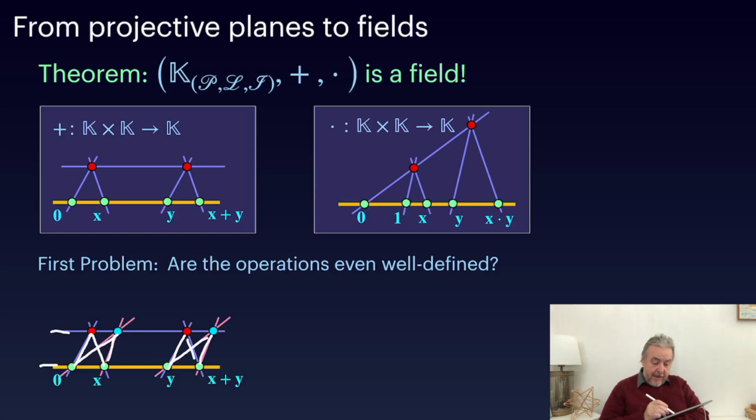So this line here has to be parallel to this one here, and ultimately this last incidence has to be satisfied automatically by the scissors theorem. So we can say, the choice of that point here really didn't matter. So did the choice of the line matter?